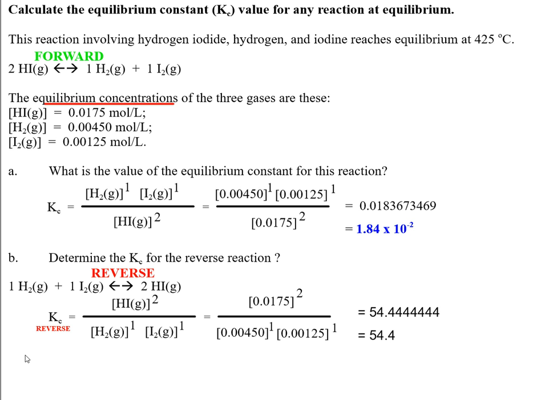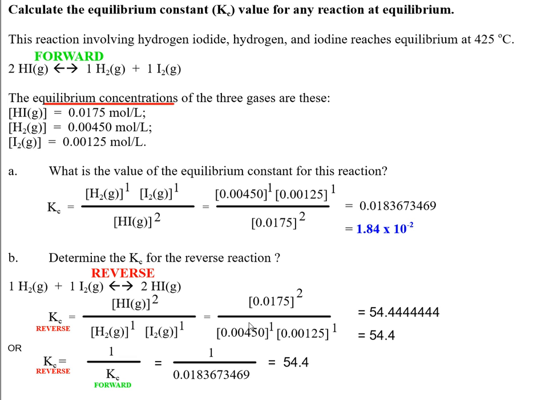Now, a second way of doing this is noting that the reverse reaction is 1 over the forward reaction. So I can use my value from A and do the inverse, 1 over, to calculate my reverse Kc value.